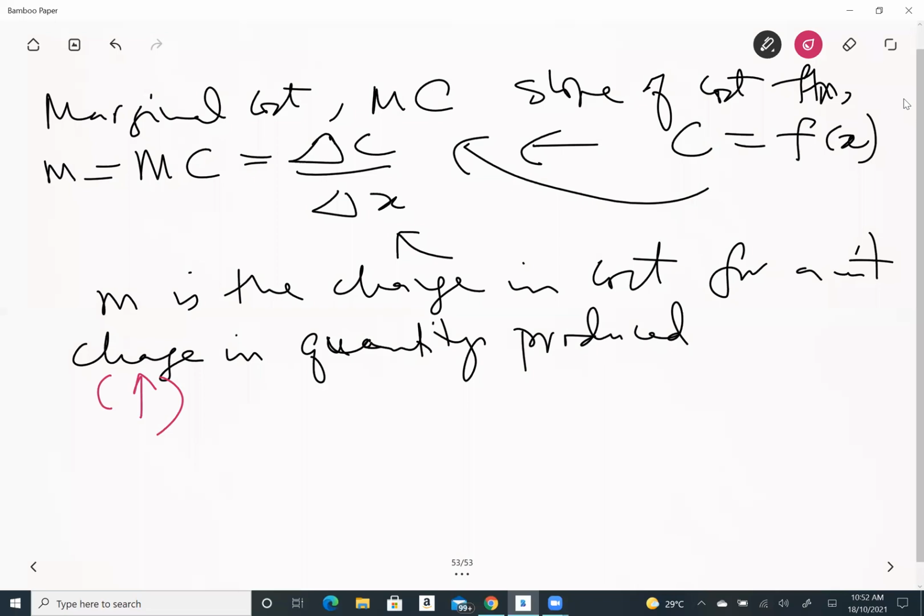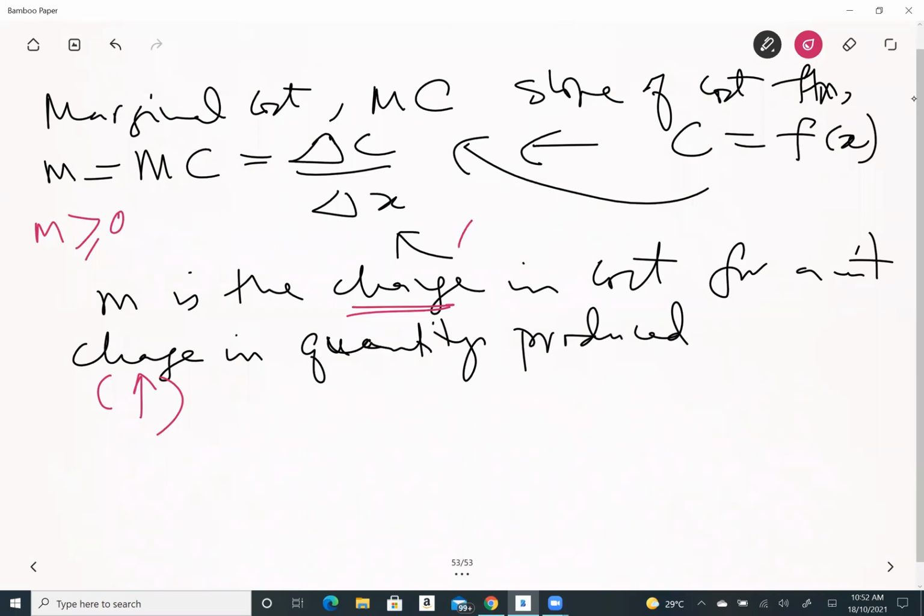And since M here is positive, what is the change in the cost for a unit increase in quantity produced? How is the cost changing? Increase or decrease? Increase.